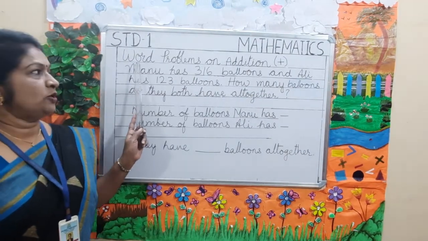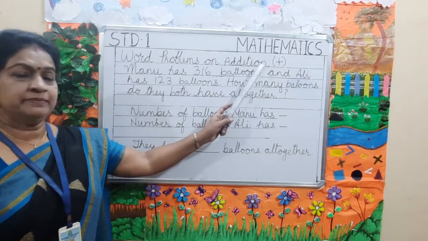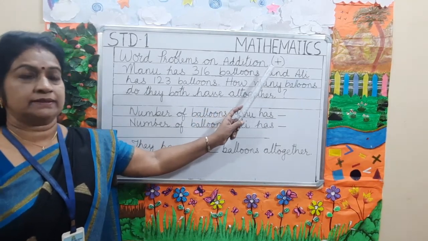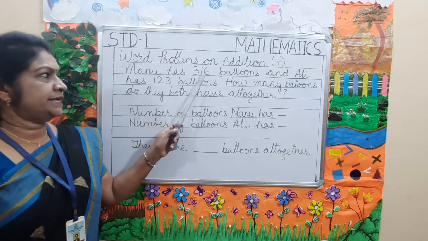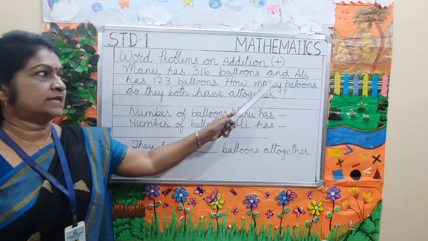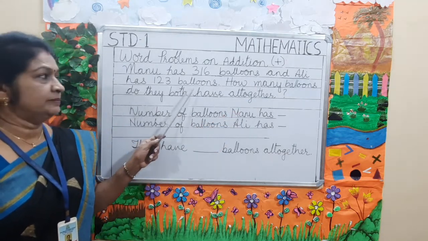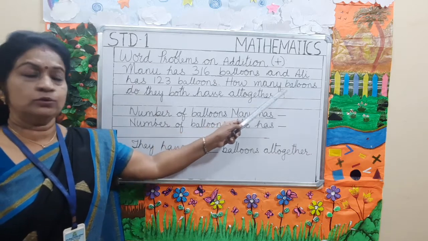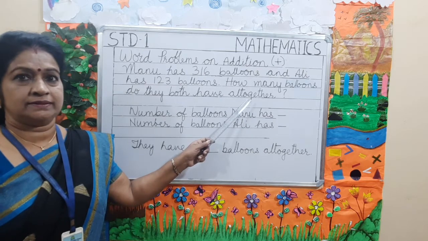Here is a word problem on addition. Addition means adding together. The problem is Manu has 316 balloons and Ali has 123 balloons. How many balloons do they both have all together?